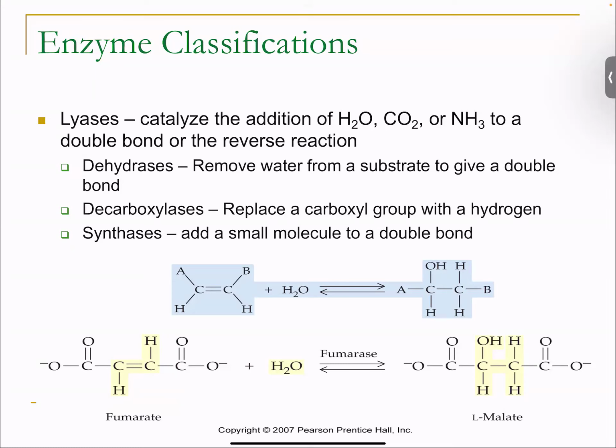So you do have the decarboxylase, carboxyl, carbonate, or carbon dioxide. It's telling you you're going to replace a carboxyl group with a hydrogen. Basically, you're removing the carbon dioxide. Dehydrase. You're removing water from a substrate to give a double bond.